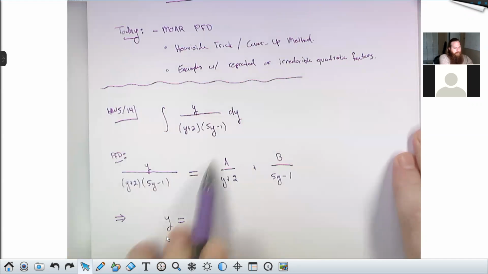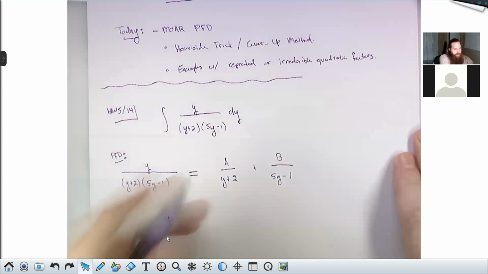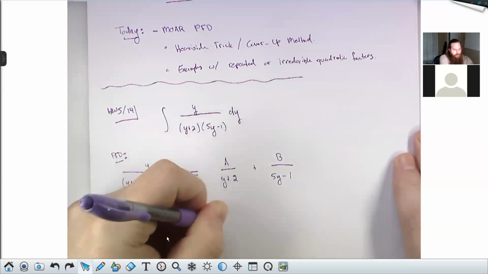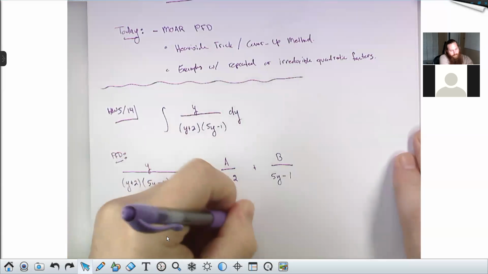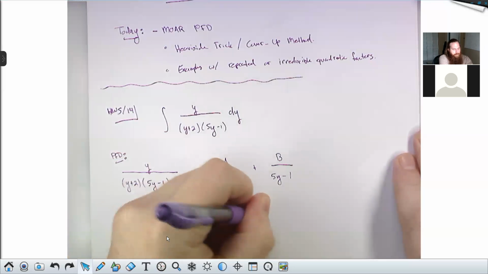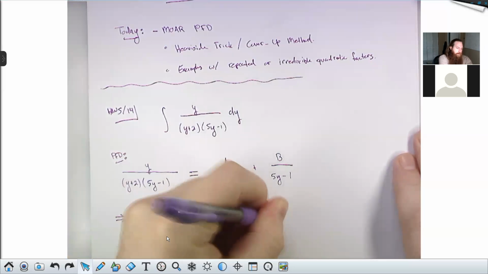When I multiply this term by y plus 2 times 5y minus 1, the y plus 2's will cancel, and I'll just have A times 5y minus 1. When I multiply this term by y plus 2 times 5y minus 1, the 5y minus 1's will cancel, and I'll just have B times y plus 2.